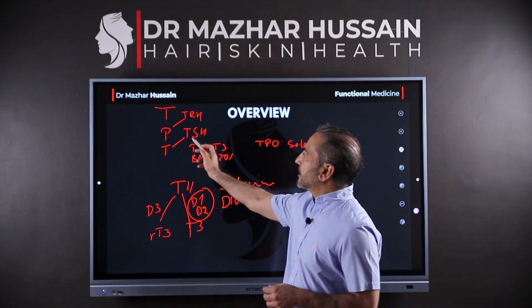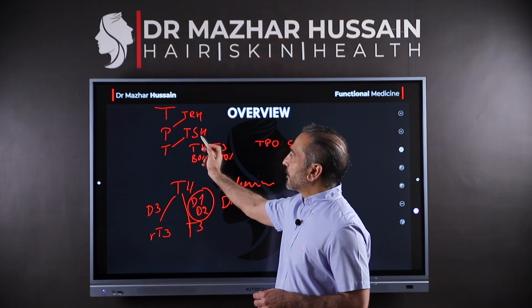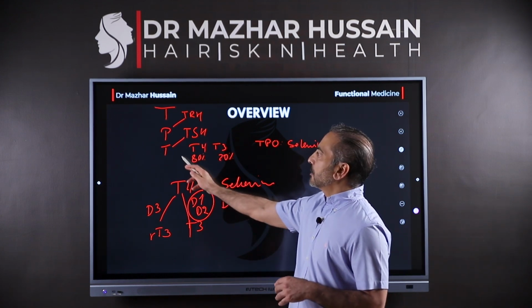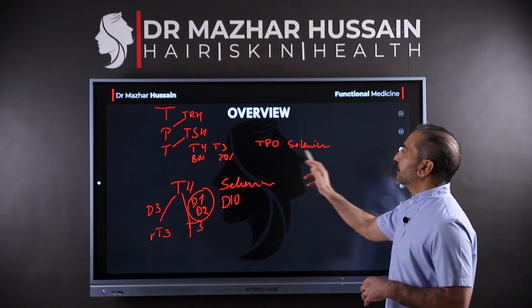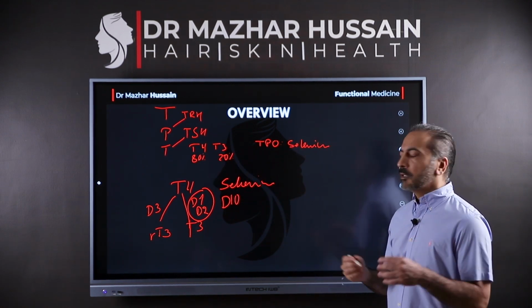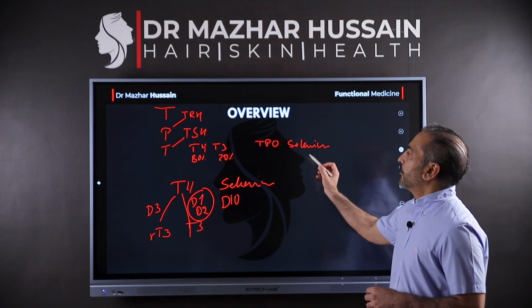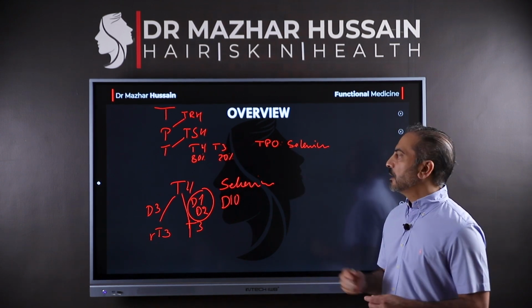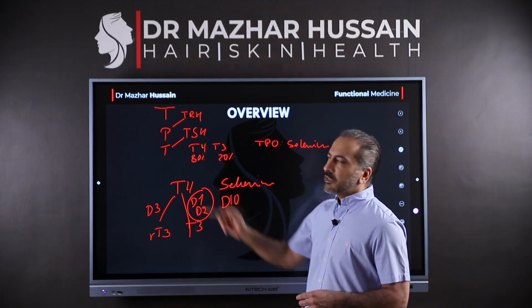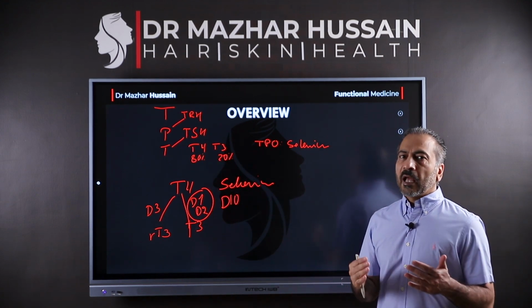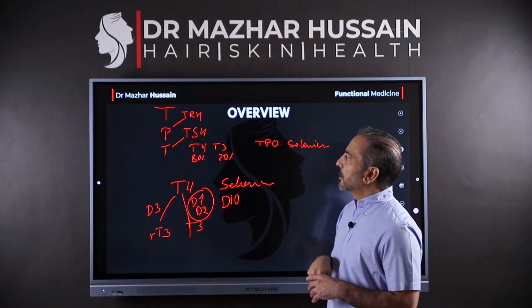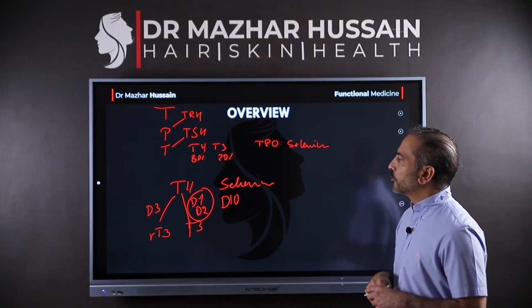But it could be the signal from the pituitary is fine and it's telling the thyroid to produce more hormones, but the thyroid is lacking, for instance, selenium. It may also lack other micronutrients. But if it's lacking selenium and TPO is selenium dependent, in that case, it may have the signal, but it's not having all the ingredients required to produce T4, which could then give you a diminished thyroid hormone production.